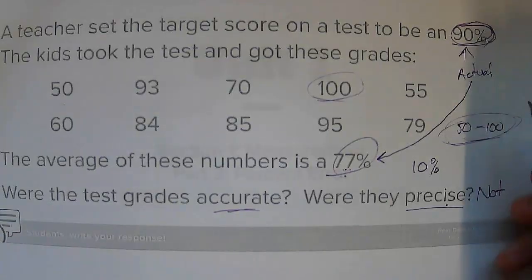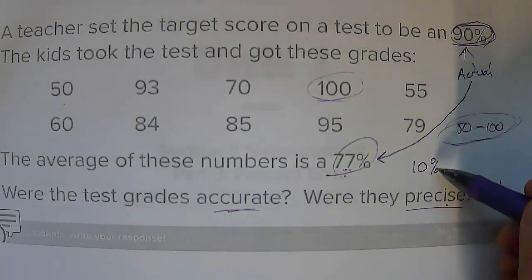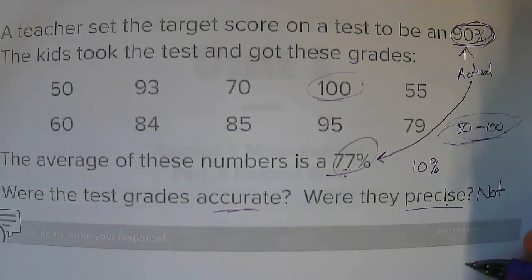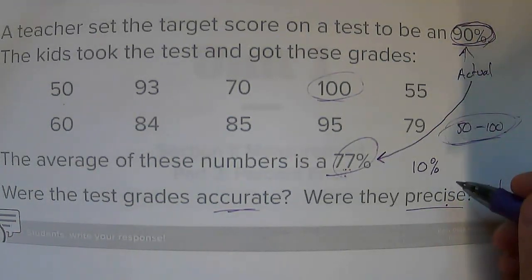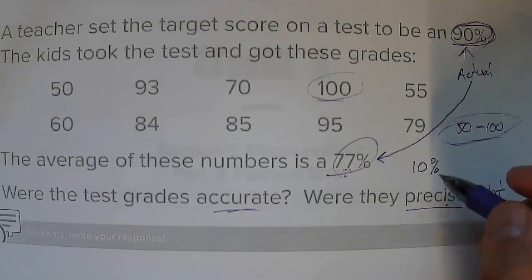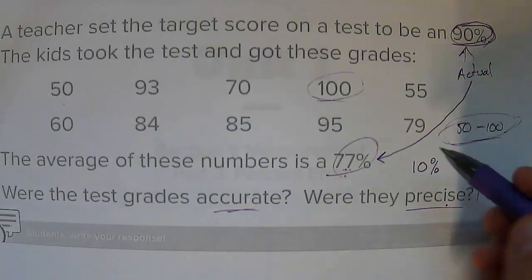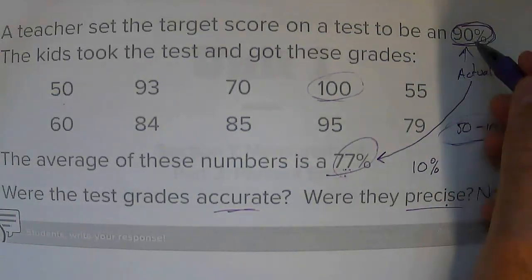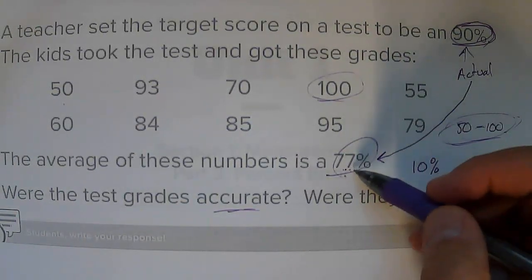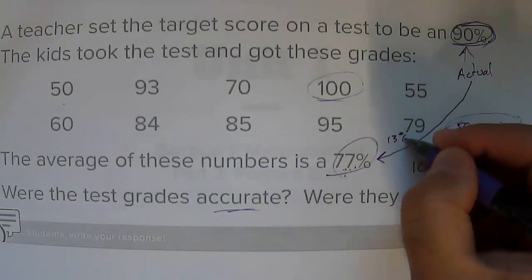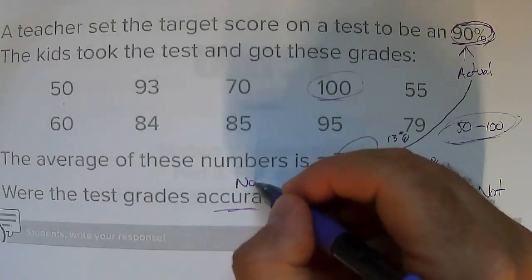In high school, 10% is about the range that I use. In college it's about 5%. And in graduate school, we want it to be even closer, sometimes down to 1%. But these are more than 10% difference. 90 versus 77 is about a 13% difference. These are also not accurate numbers. Okay, so there you have it. Accuracy and precision.